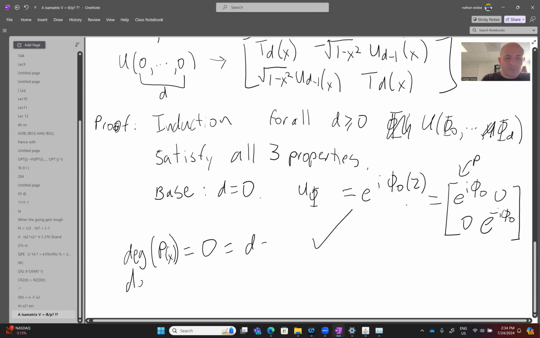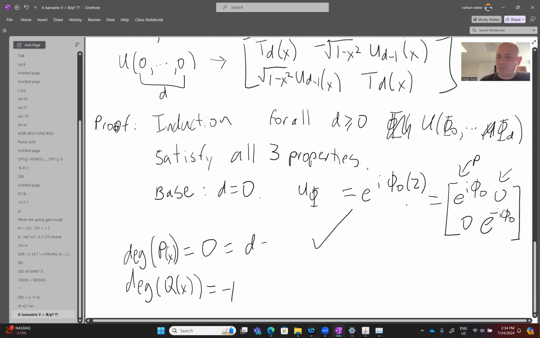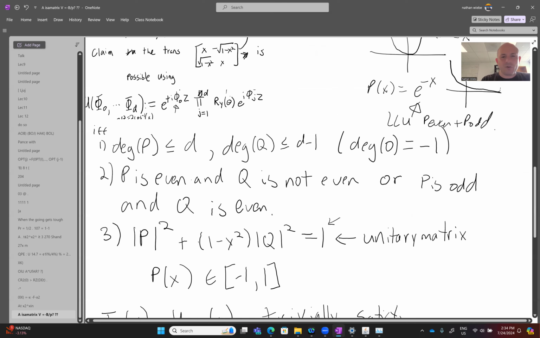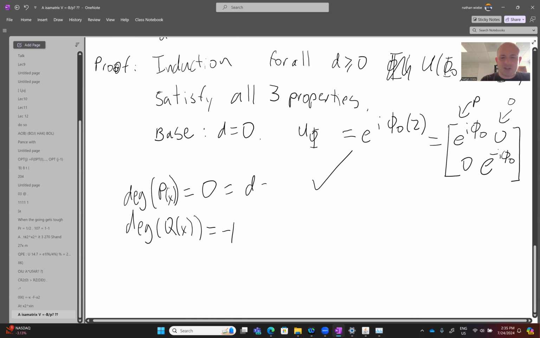Now, the degree of Q that we get here is equal to -1 because this polynomial over here is 0, and we chose the convention that the degree of 0 is -1. So based on that convention, this is equal to d minus 1, which satisfies condition 1. So condition 1 works.